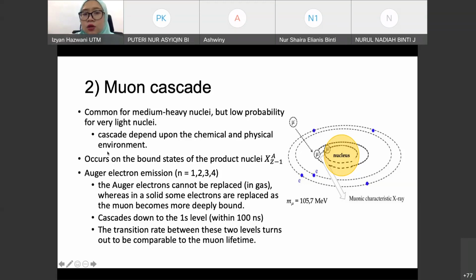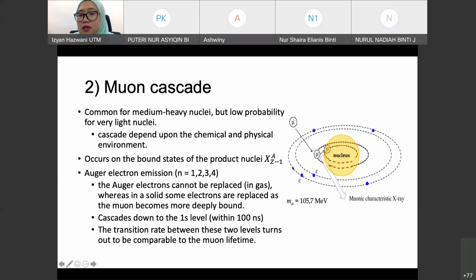When the muon replaces the electron in the orbital level, this is called the Auger electron process. This actually depends. If it is a gas, the electron cannot be replaced. But in the solid case, the muon can replace the electron in the atomic orbit so that it is deeply bound.